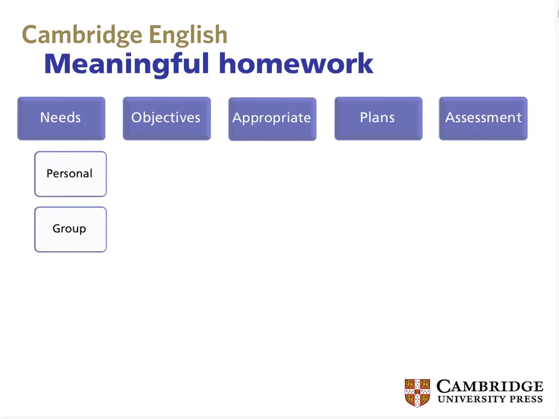And once we've done that, we need to jump into the group needs as well. Then the context of those needs. Are these short-term needs? Are these needs just addressing some specific aspects? Is this part of a larger scheme? We need to be aware of in what context those needs arise.